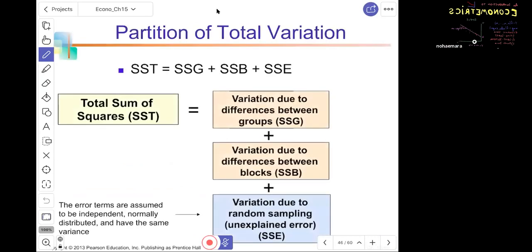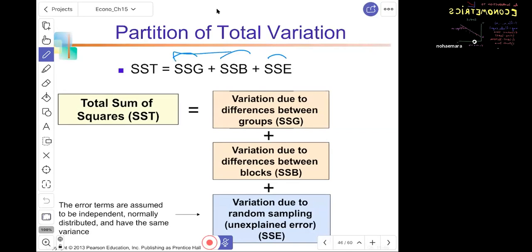Next, our sum of squares total is now divided. We used to have it only by group variation, right? Now we have it between blocks and between groups, and then we have the amount of errors, which we call unexplained.